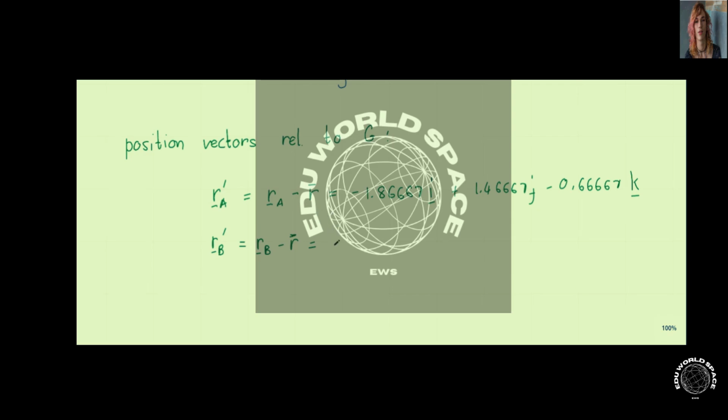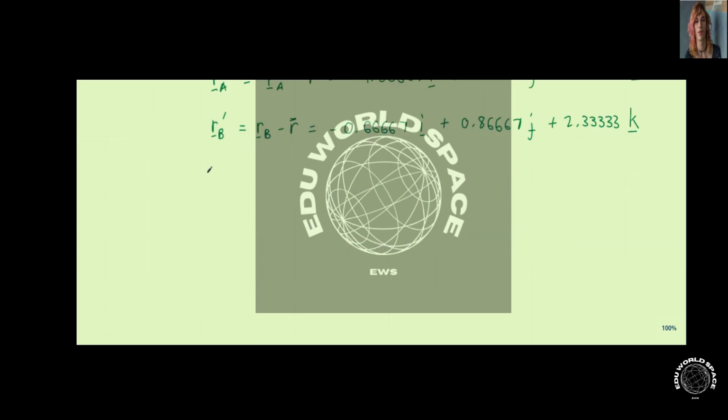And this is minus 0.4667 in the i direction plus 0.8667 j plus 2.3 recurring times unit vector k.